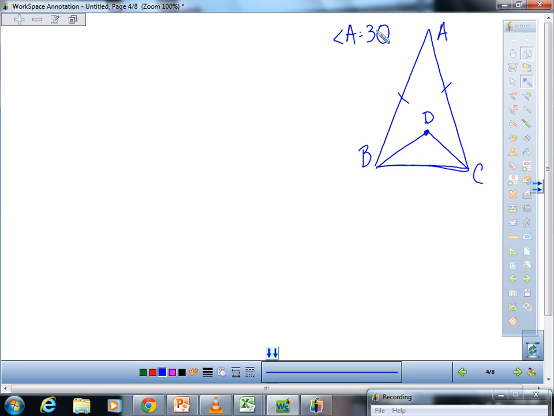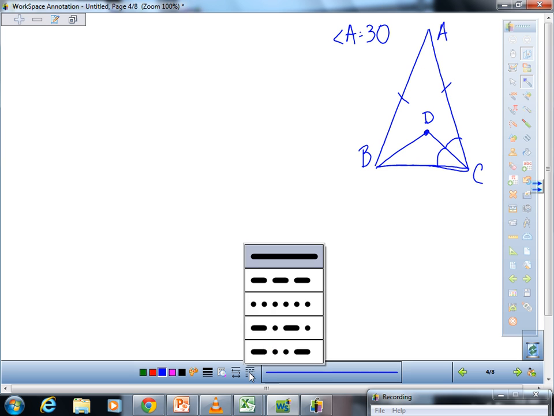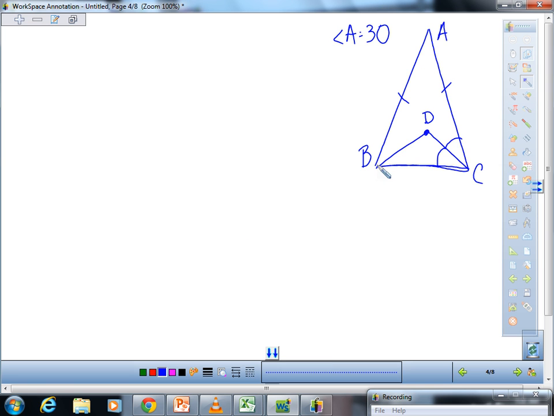CD bisects, so these are congruent to each other like this. And then it says BD is one of the trisectors. That's what made this problem difficult, maybe. When we have trisectors, what it really means is there's another one in there too. It's just not pictured.